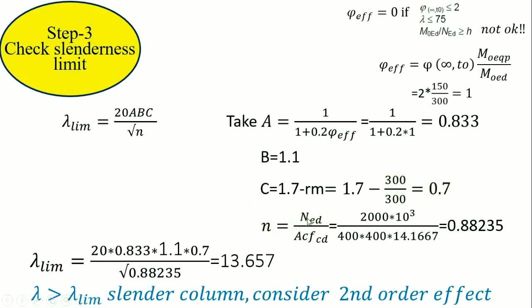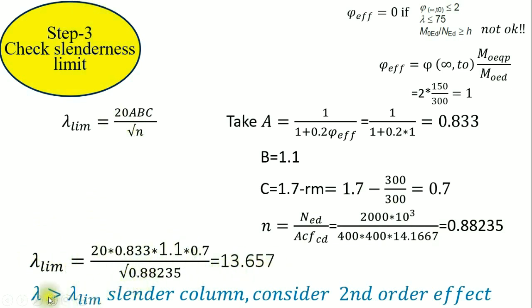n is equal to NED, the design axial force 2000 kilonewton, over Ac, the area of concrete, 400 by 400, times fcd, calculated as previous 14.167, which is equal to 0.88235. So lambda limit is equal to 20 A B C over root of n, which is equal to 30.657.